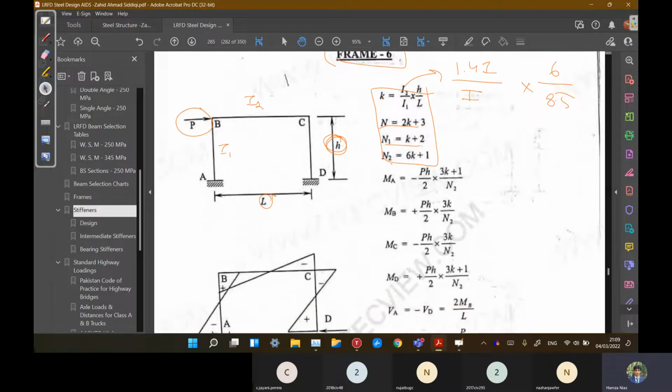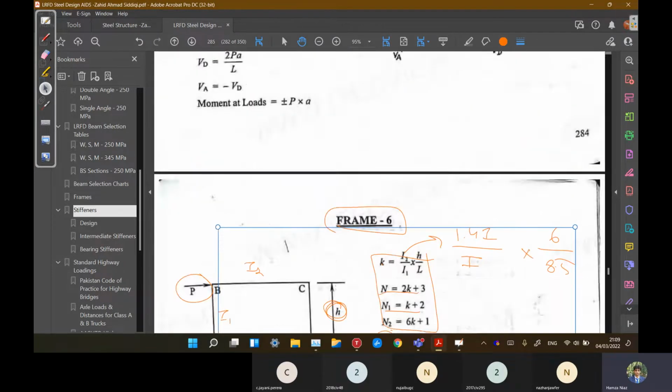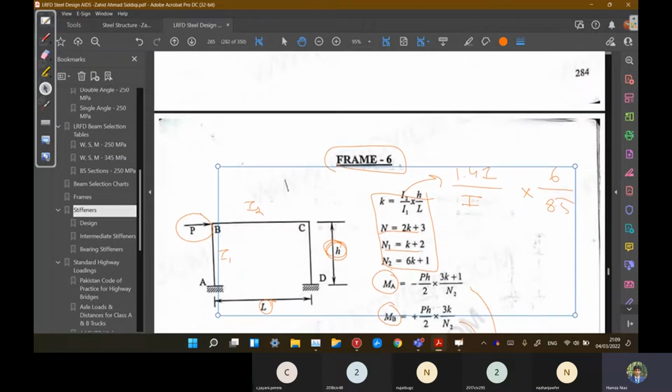After calculating K, we have to find MA, MB and VA. These three things. MC and MD we do not require. MC would be the same as MB and MD is the same as MA, only the signs are different. So we have to calculate MA, MB and VA for all these cases. For frame 6, we have to calculate 2 times.